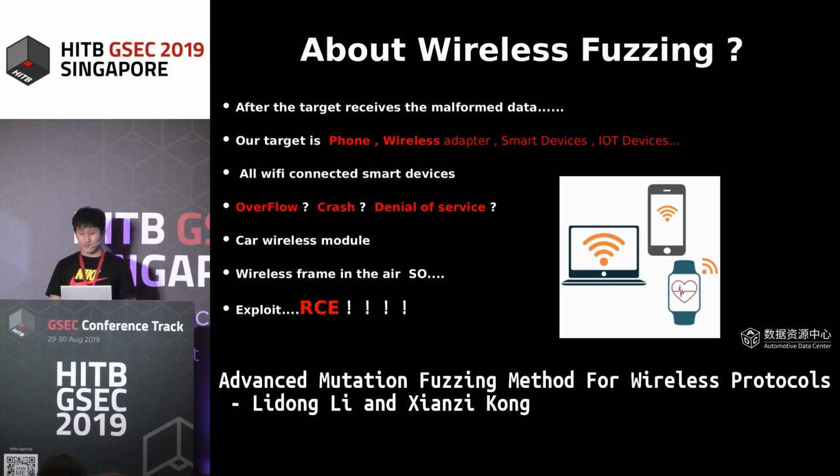You can attack the target, maybe a mobile device, an IoT device, or a wireless module on the car. Send a payload through the wireless driver, causing the target device to crash, to start the attack. For buffer overflow, because the payload is in the air, it might cause a crash.